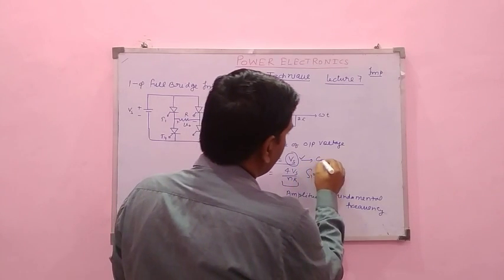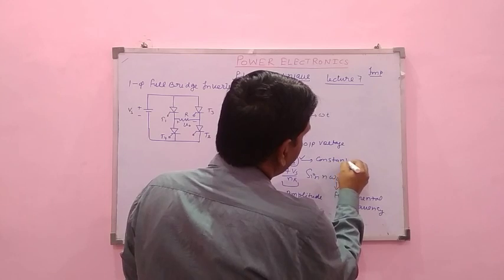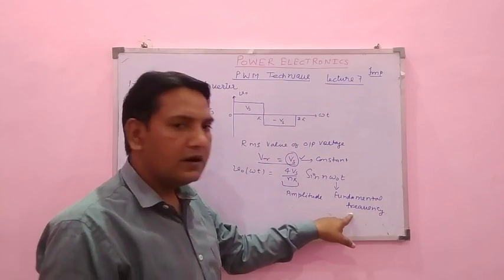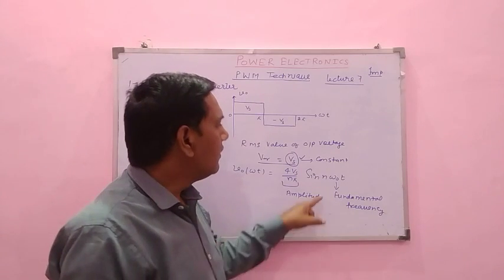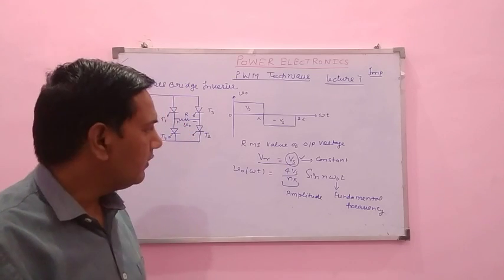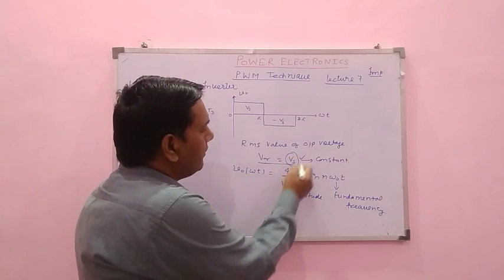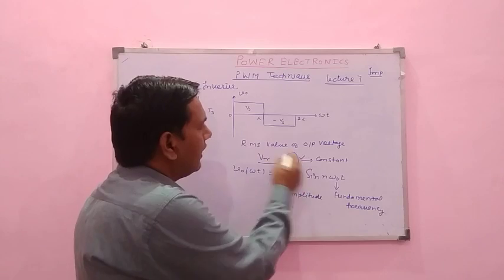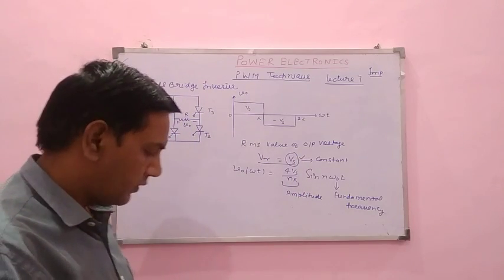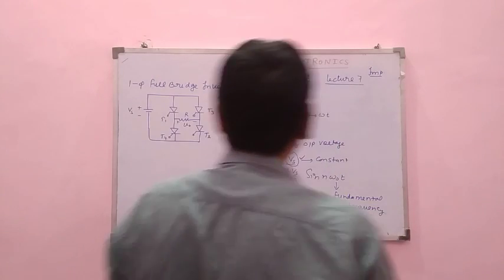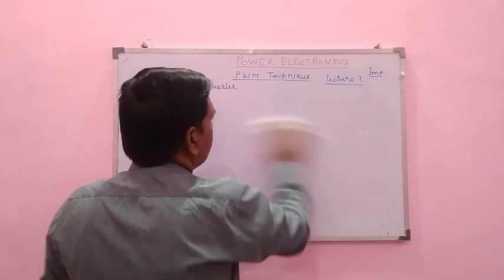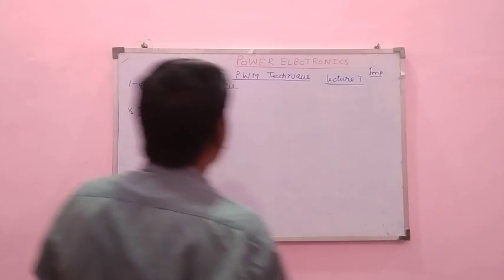So by varying the fundamental frequency using variable switching frequency, we can't control the amplitude or RMS value of output voltage. To control the amplitude, the RMS value of output voltage, we will use the PWM technique.